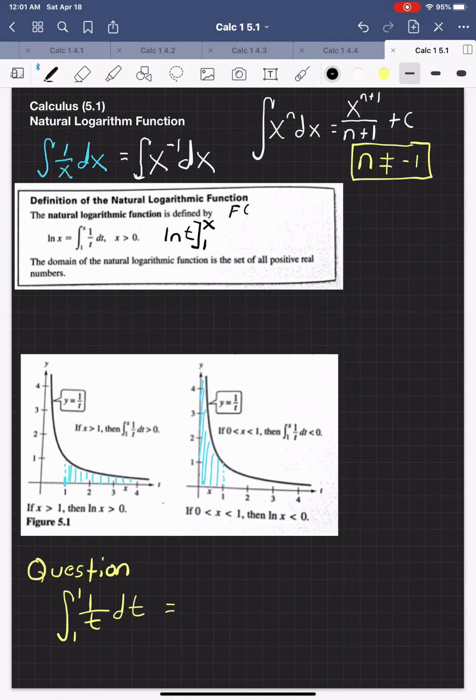So we have to do f of x minus f of 1. Now, plugging in x for t, that's ln of x minus ln of 1. Now, what is ln of 1? Well, you can try it on your calculator. ln of 1 is just equal to 0.